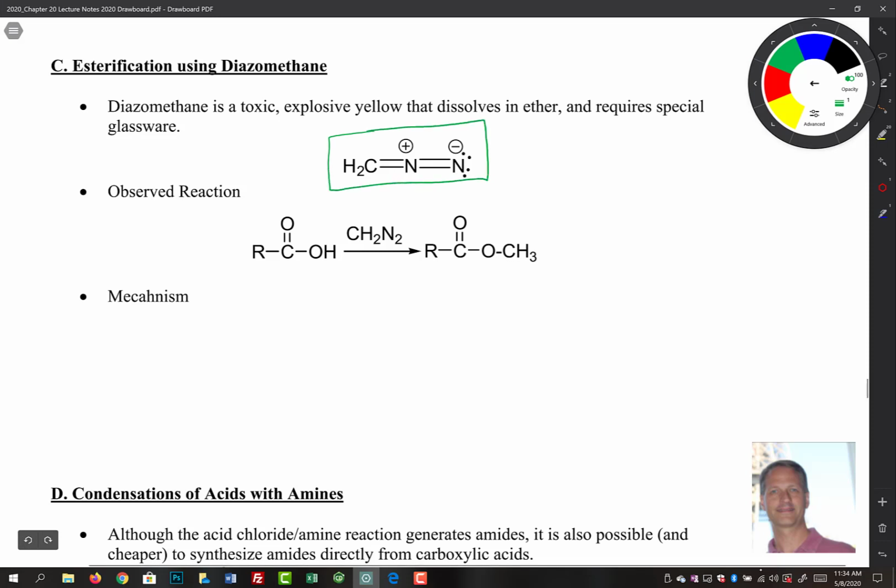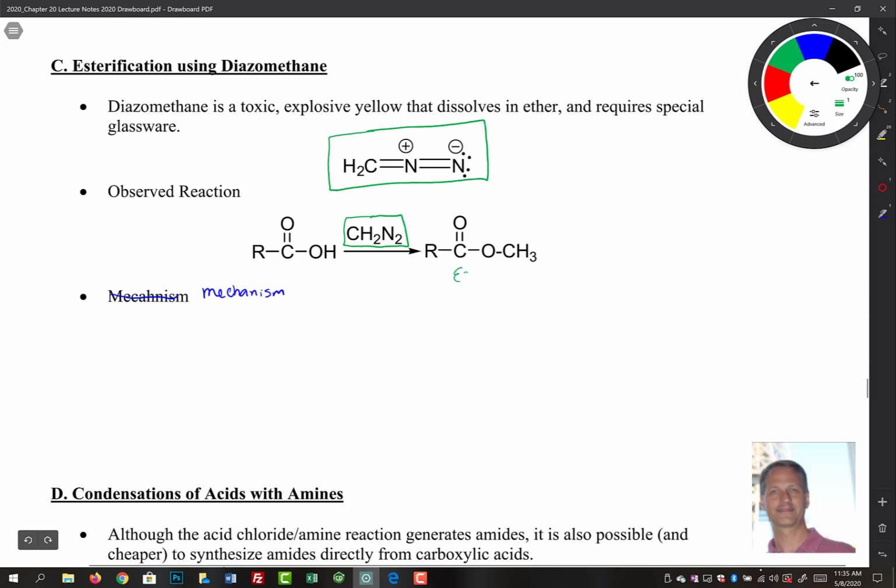Now, the reaction mechanism here is pretty straightforward to look at. So here is the way we would typically see this reagent. As we go through and look at our mechanism here, we'll see how this thing works. It's actually pretty straightforward. I want to point out too, there's one other product that we get.